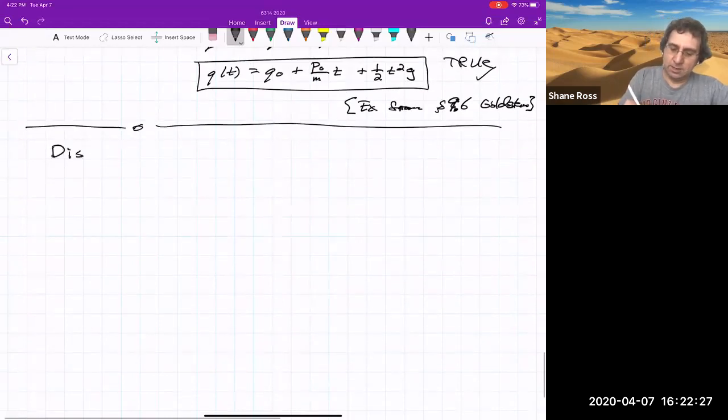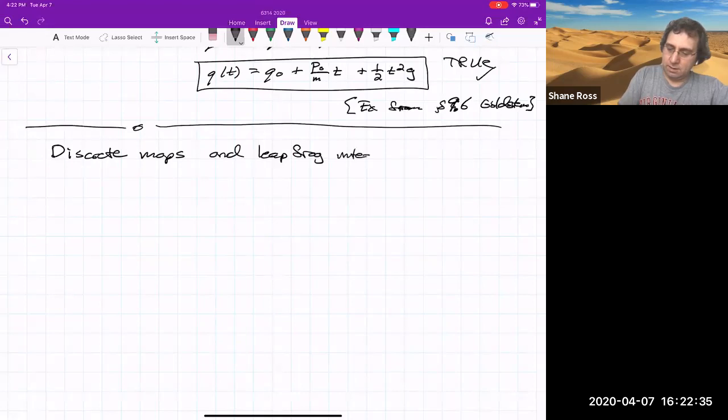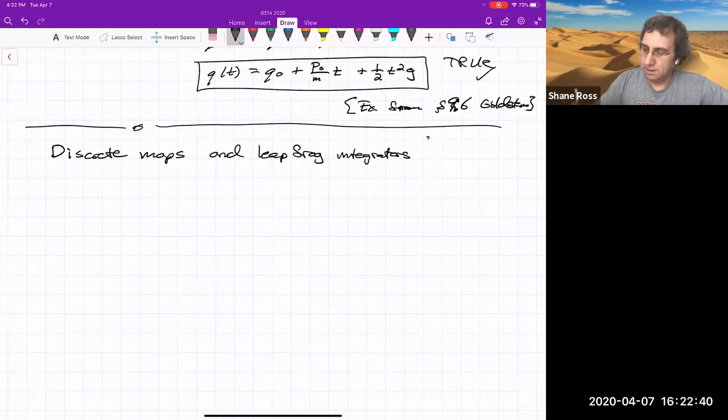This is related to discrete maps and leapfrog integrators. The term will make sense hopefully later. And I'll post some notes. There's a few places you can get this info. One of them is just some notes I found on the web, someone named Saha. But, you know, thank you, Saha, wherever you are.